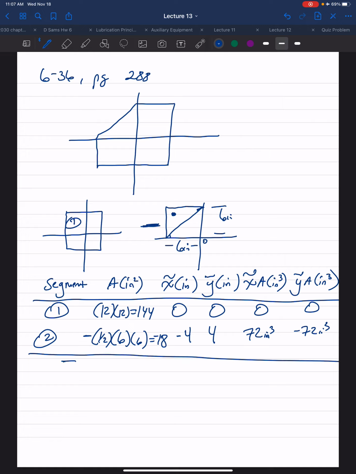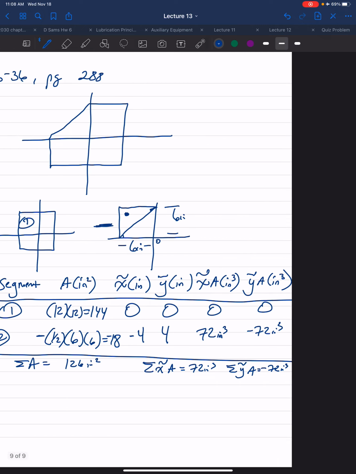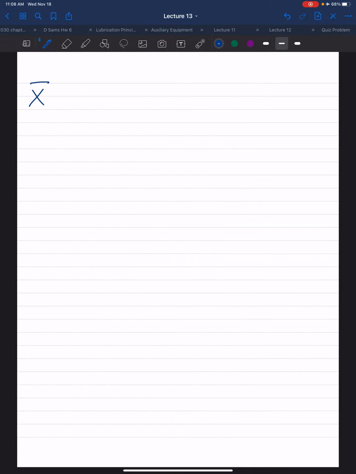Total that up: your sum of your area will be 144 minus 18, the sum of your x wavy bar times area, and the sum of your y wavy bar times area. All right, so then going to our equations for the composite.